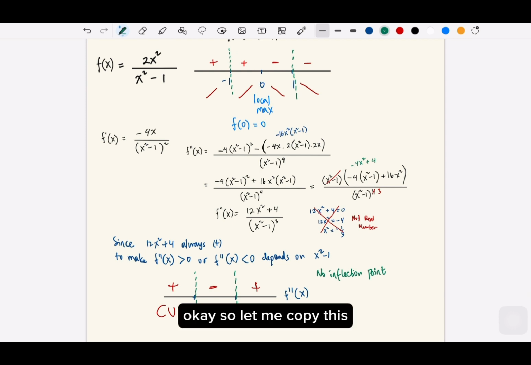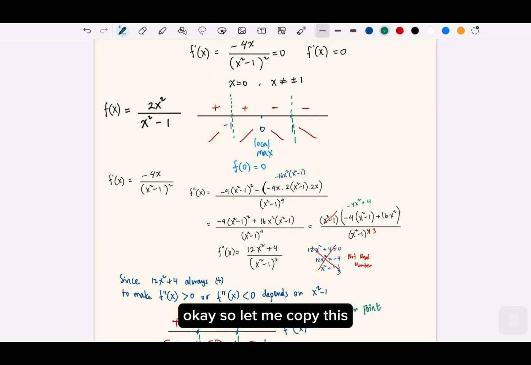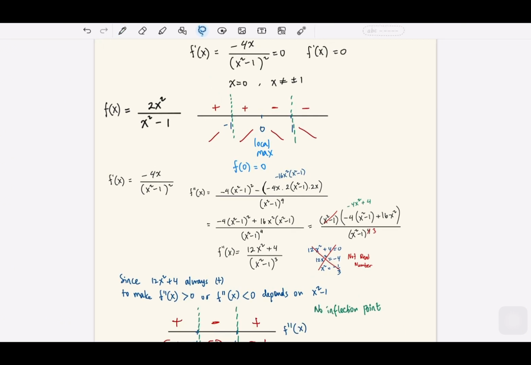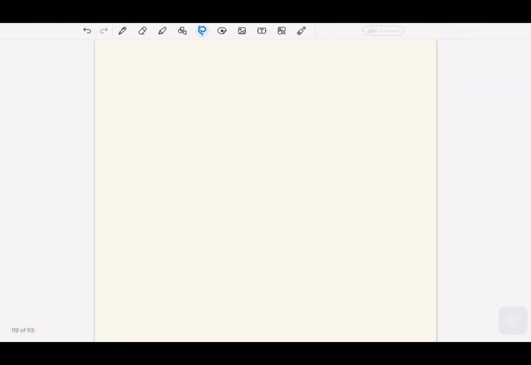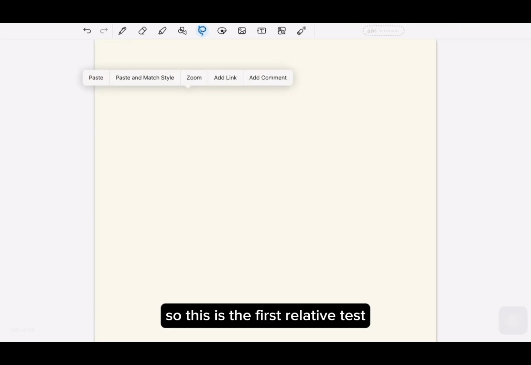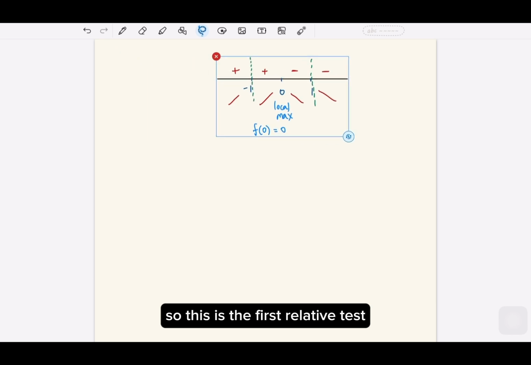Okay, so let me copy this. So this is the first derivative test.